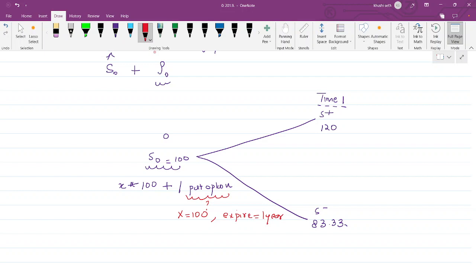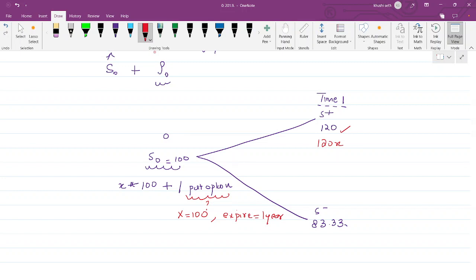Now, what is going to be the value of my hedged portfolio in case of an up move? These X shares of the underlying are going to be worth 120x in 1 year, and this put option is going to expire out of the money. Why is it going to expire out of the money? Because the price of the underlying is more than the strike price of 100.